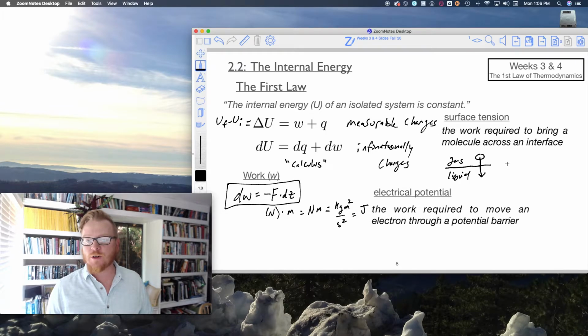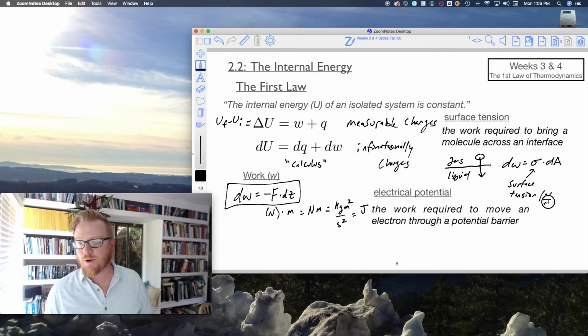And so I could write surface tension as dW, still work, infinitesimally small changes, but now this by definition is sigma times dA, okay? Where sigma is my actual surface tension, and that has units of Newton per meter, okay?